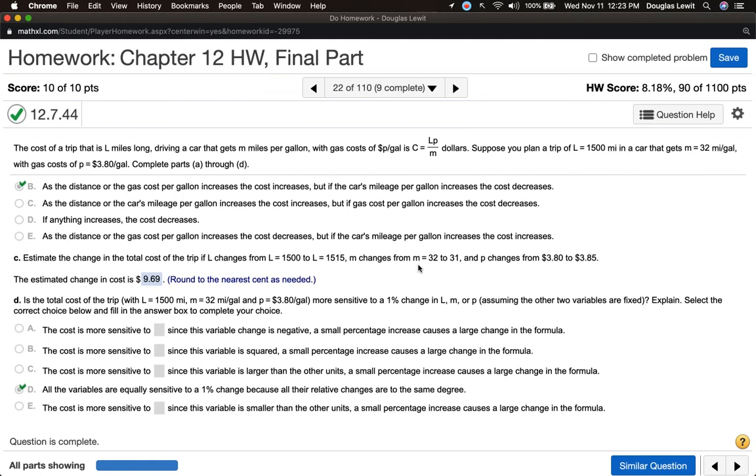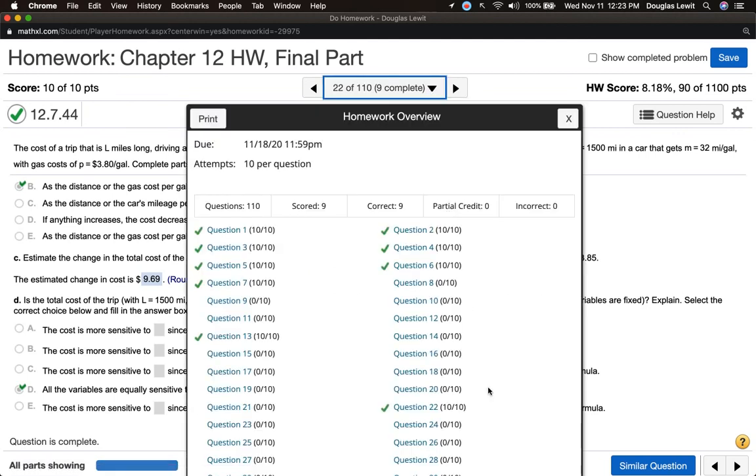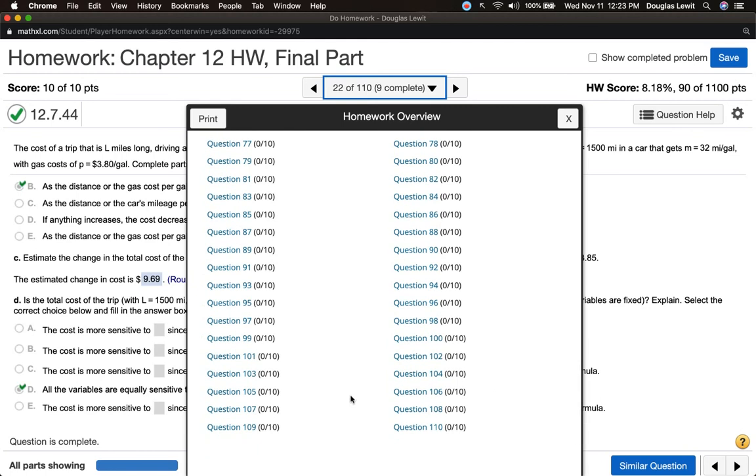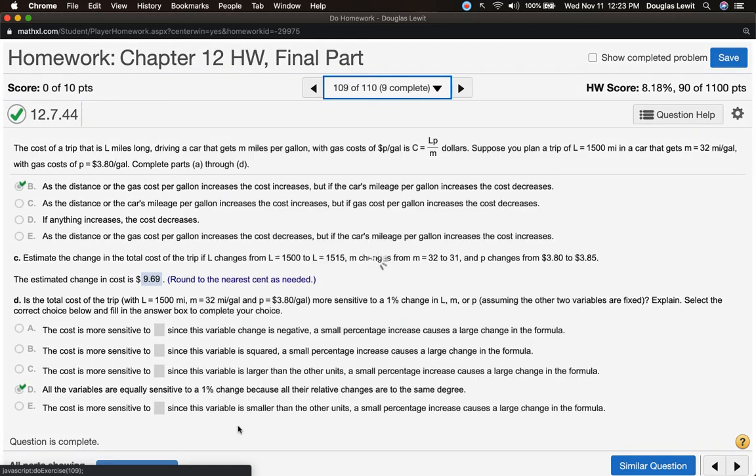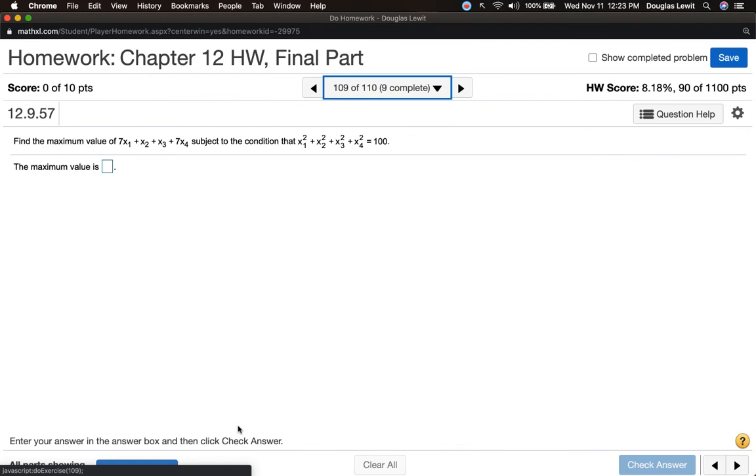Hold on one second. Got some dirt on my computer here. Okay. So I want to look at problem 109. I looked at it last night and I'm like, oh, this is such an interesting problem. It's interesting because there are a couple of different ways of solving this problem.